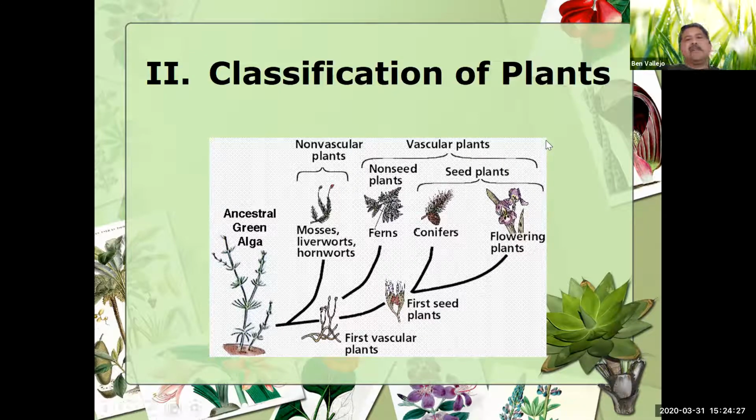But let's take a look at the classification of plants then. And so here's a graphic that shows us what's called the phylogeny of plants. You can see how they branch off from an ancestral green algae here, and then you can see the different groups.